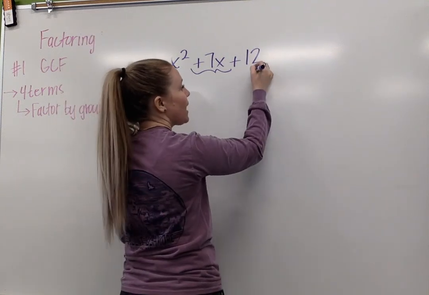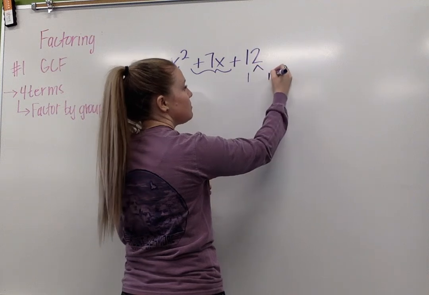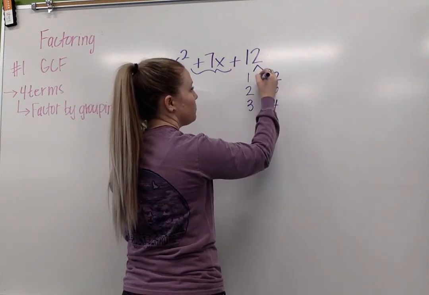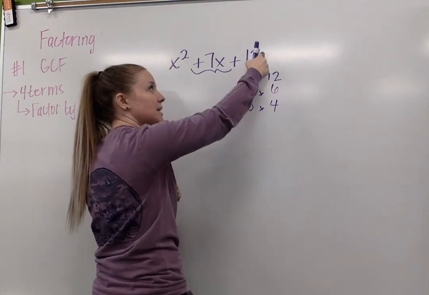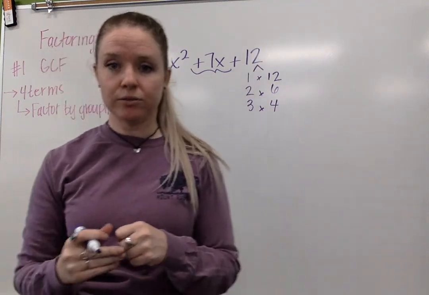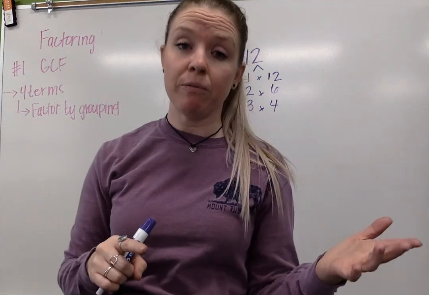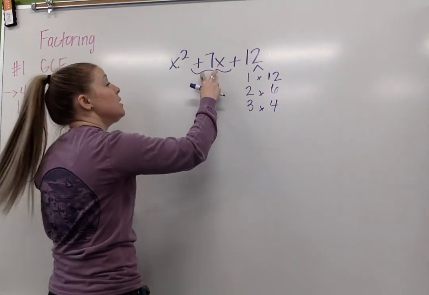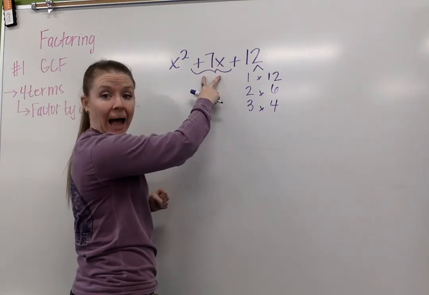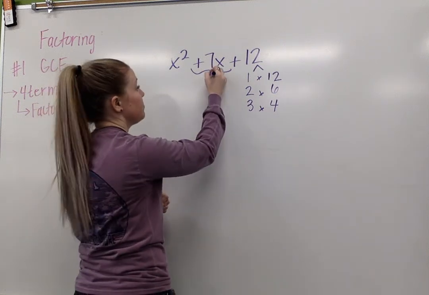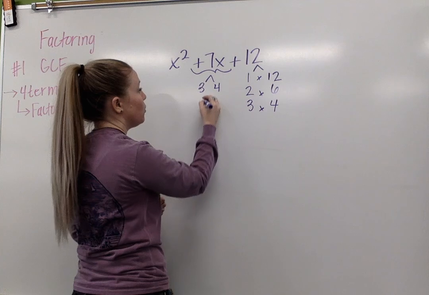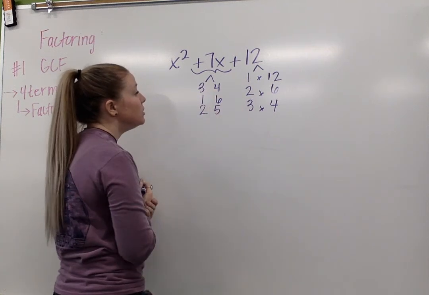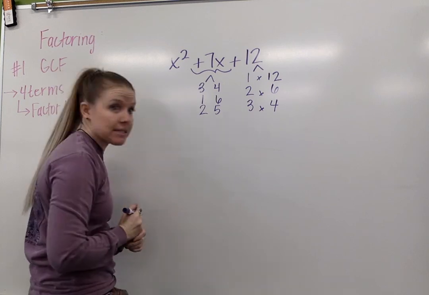So we know the factors of 12. We could have 1 times 12, 2 times 6, or 3 times 4. These are being multiplied together to equal that 12, and we remember seeing that when we distributed our binomials together. To add or combine to equal this 7, that's going to be 3 and 4, 1 and 6, 2 and 5, and that's about it.